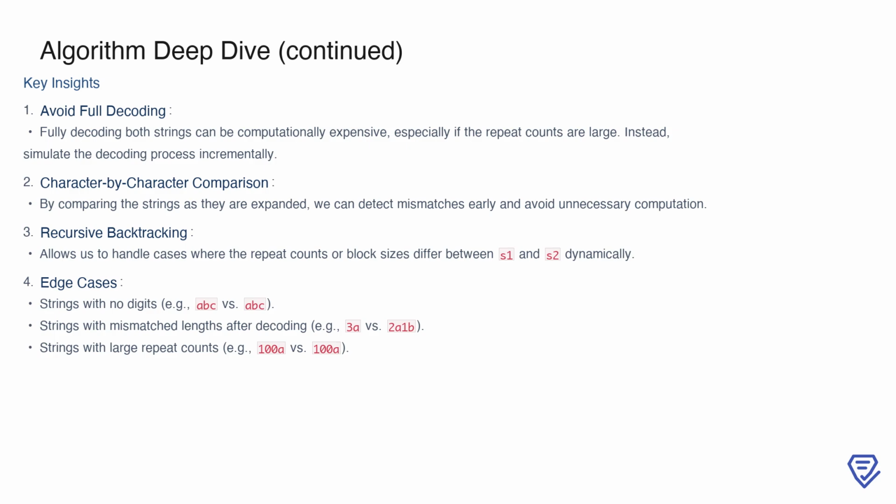Lastly, we account for various edge cases. For example, strings with no digits, such as ABC versus ABC, are handled seamlessly. We also correctly handle mismatched lengths after decoding, like 3A versus 2A1B, and scenarios involving large repeat counts, such as 100A versus 100A. These insights ensure that the algorithm is robust and reliable.